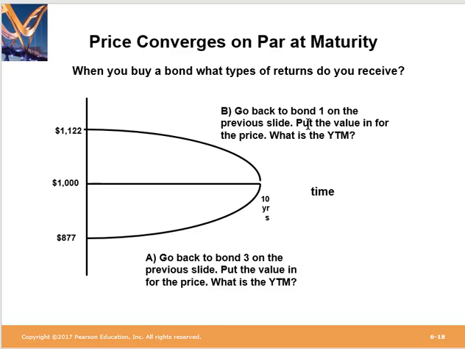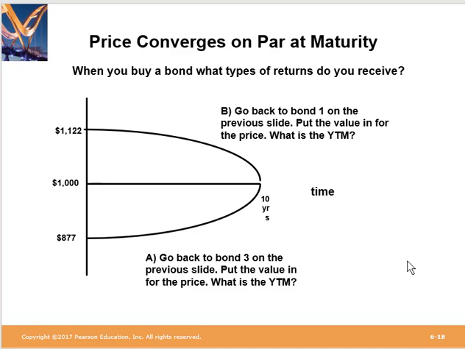Why is it, or how does that make any sense? Well, the reason is because the premium bonds are paying more cash than the discount bonds. And remember, the coupon is greater than the yield that you really want. So since you're getting more, you're willing to pay more for those bonds.